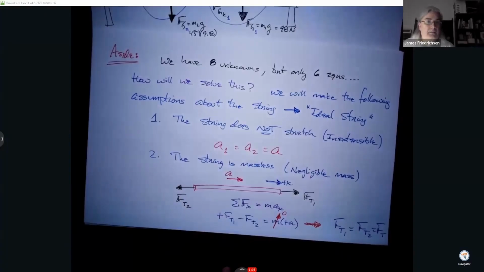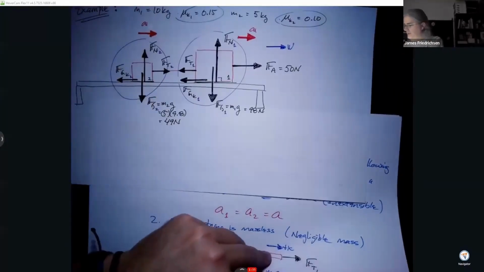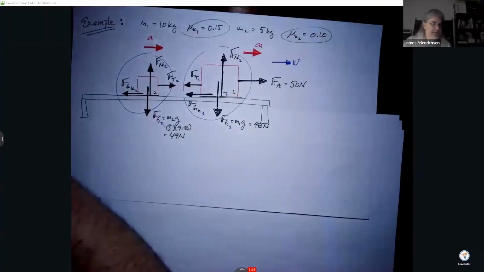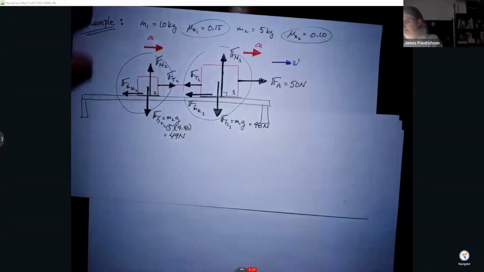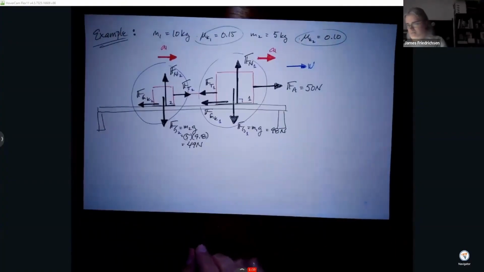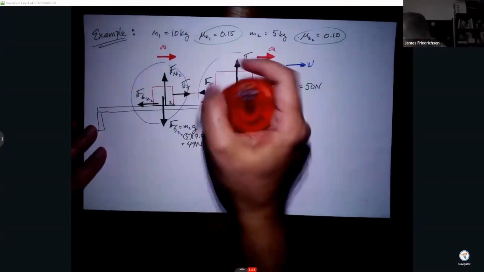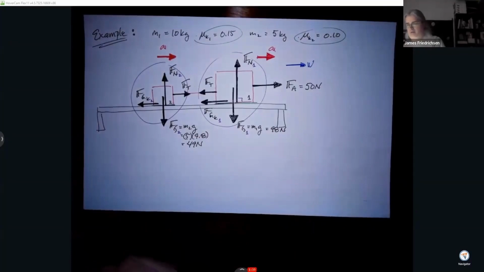Now we've got 6 unknowns, and we have 6 equations. So we are now good to go. So let me get rid of the 1 and the 2 on those, and we shall proceed. Okay, those go away.